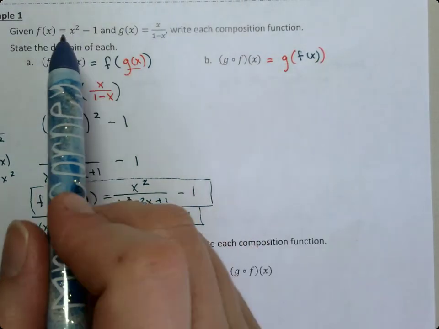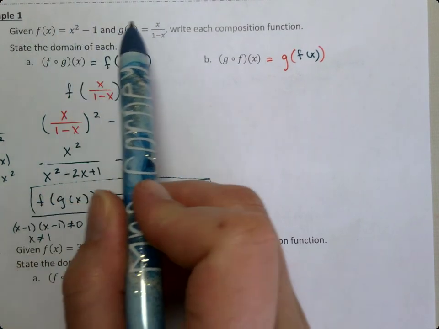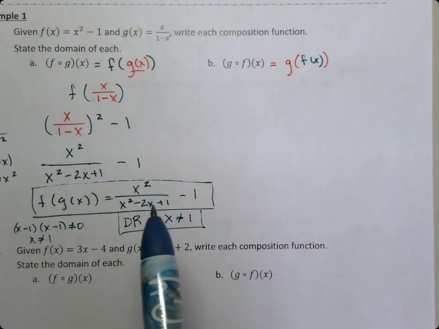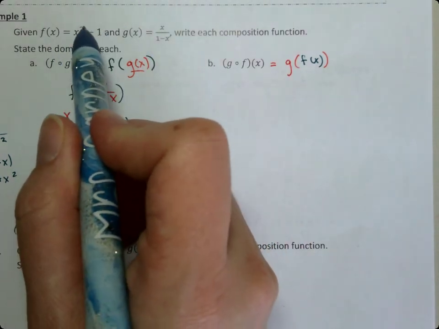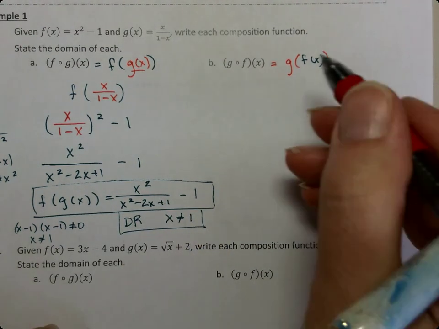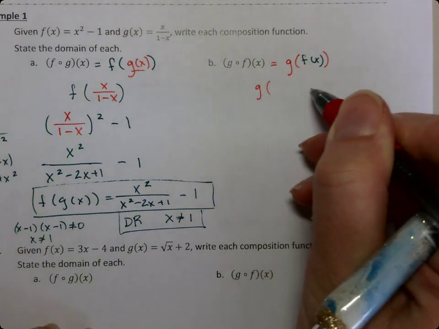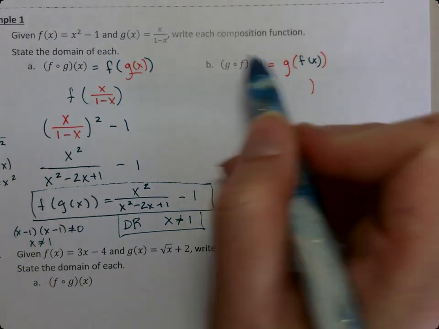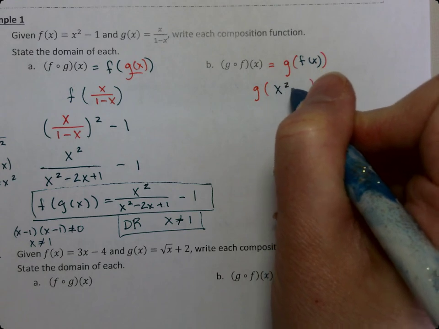This means I'm taking the function f of x and plugging it in everywhere there's an x in the function g. So some of you can see that, and once you do, it's sort of like circling this and replacing everything over there with it. And that's what makes it abstract, you were putting a new function with an x in place of an x. Now, the function f of x is x squared minus 1.